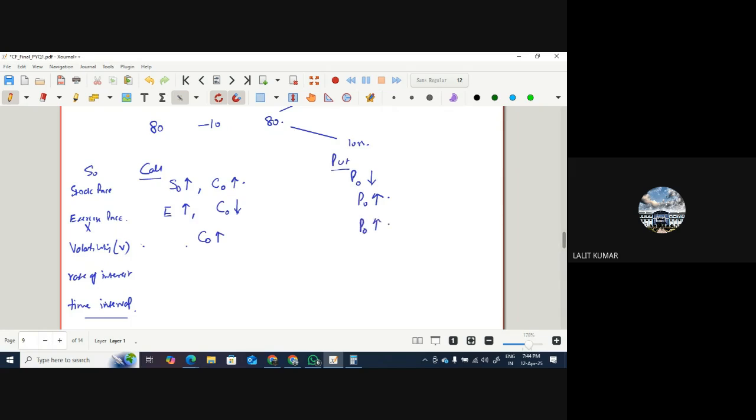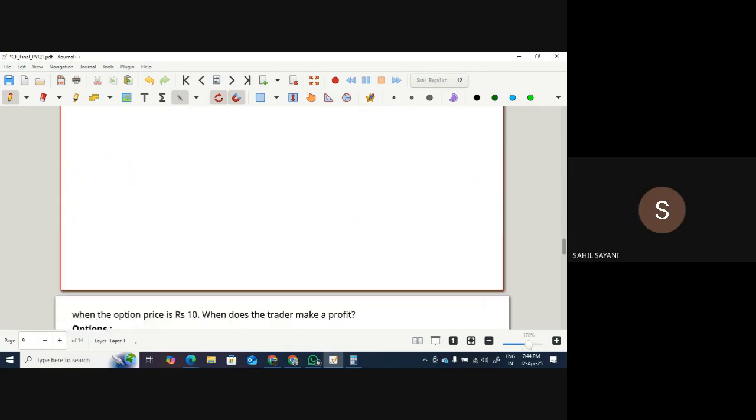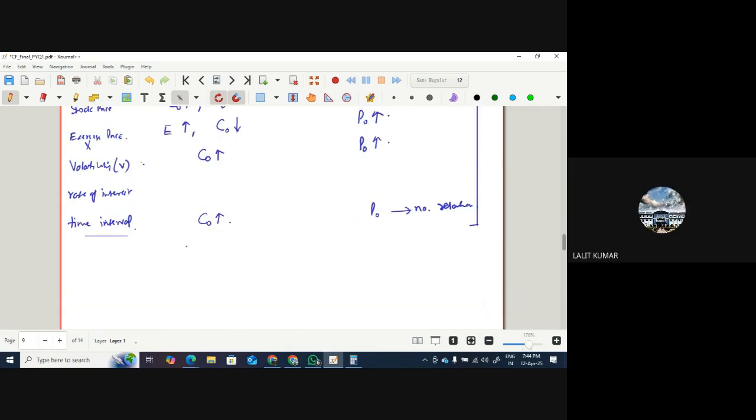With rate of interest, both C0 and P0 increase. With the time interval, C0 increases, but for P0 there is no clear relation. So these are the relations of call and put prices. For rate of interest, both increase.